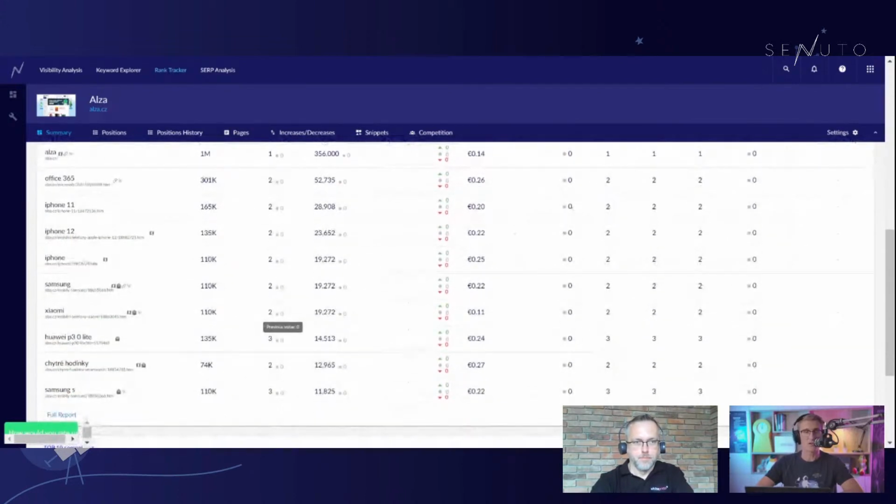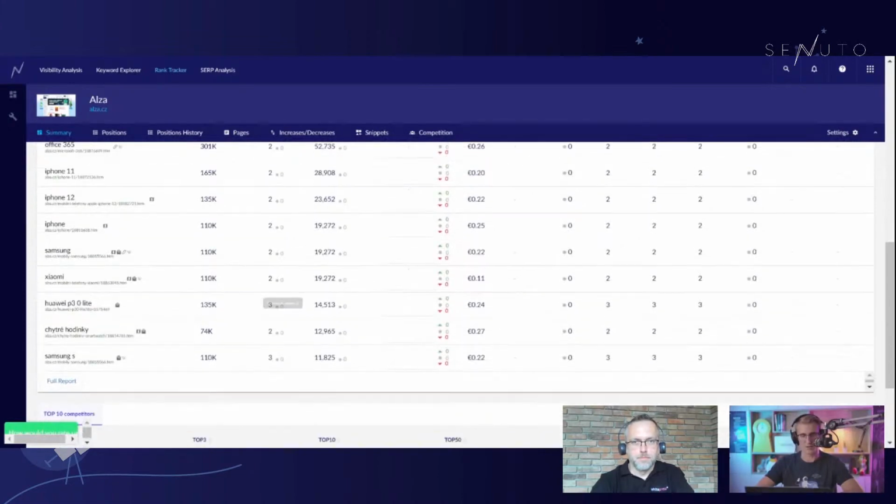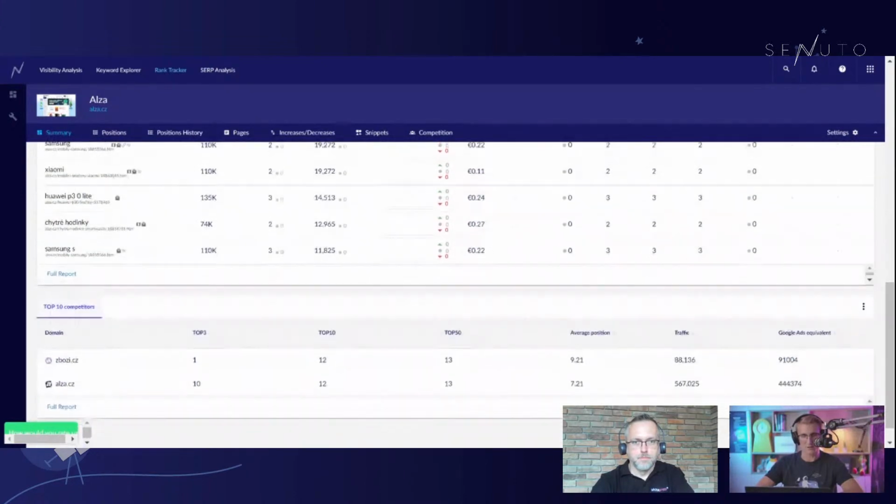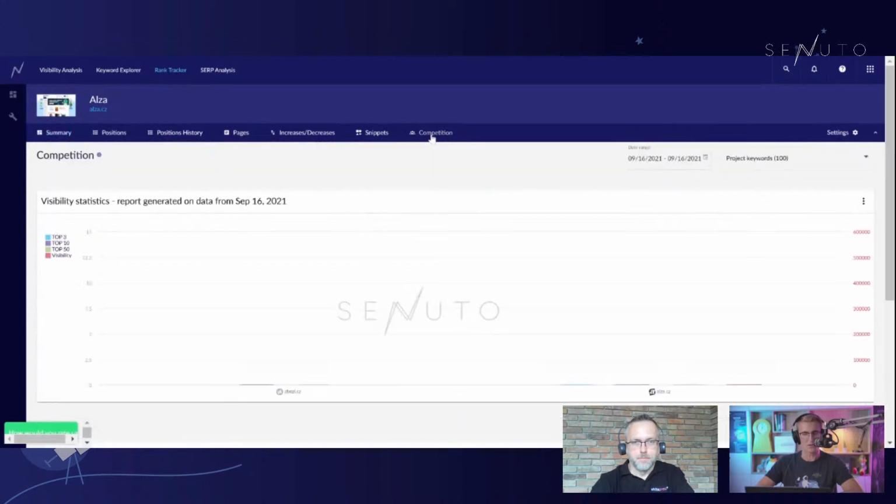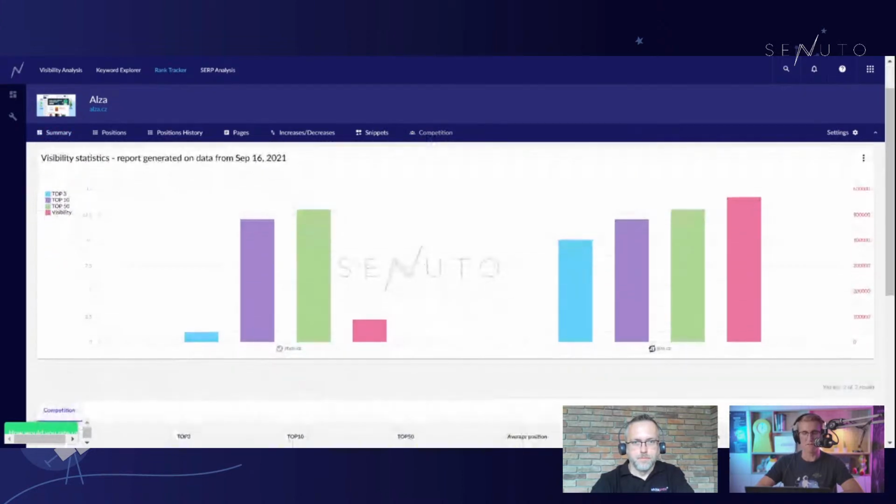Of course, this is a great tool, not only for following our strategy, but also our competition's strategy. And when we point to the competition here, we can also follow this. Of course, this is very fresh data, but I think a good idea for our next webinar will be to follow this project.